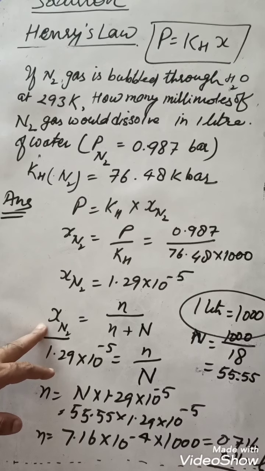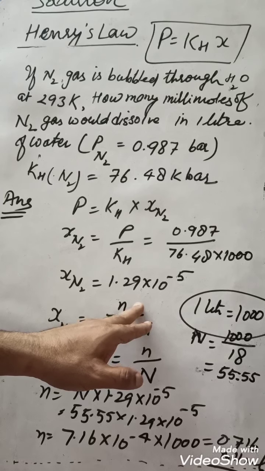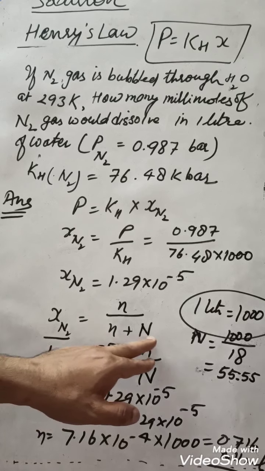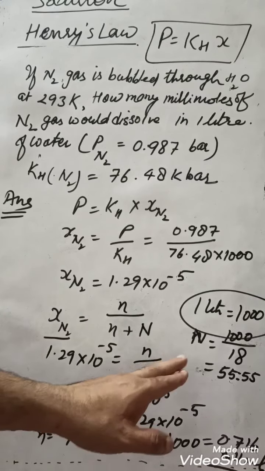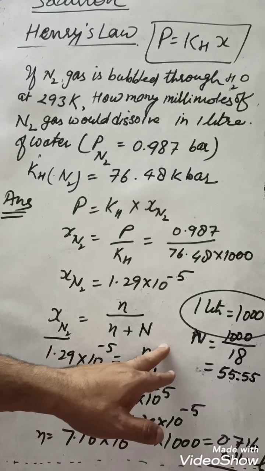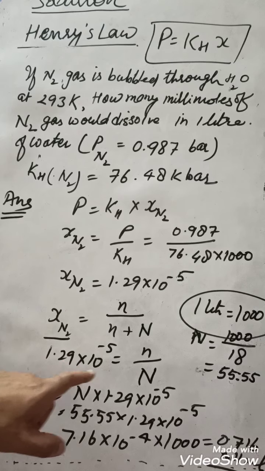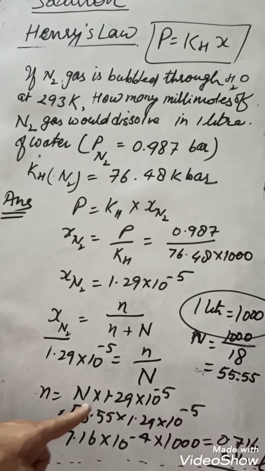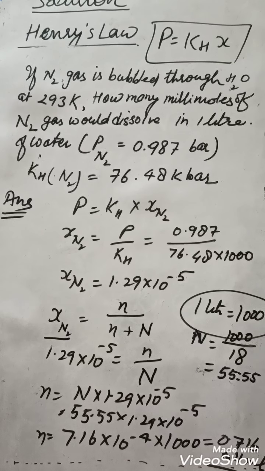Now you know the mole fraction of a component is equal to the number of moles of that component divided by the total number of moles. Here small n is ignored in the denominator because capital N, the number of moles of water, is too large, and we can ignore it. So this value is equal to n upon N, where small n is the number of moles of nitrogen and capital N is the number of moles of water, and so we can simply calculate the value here.